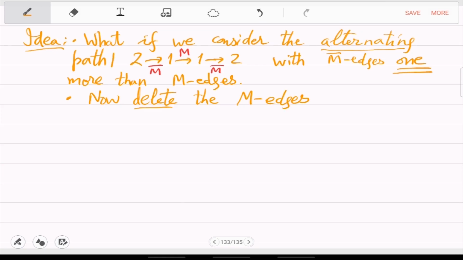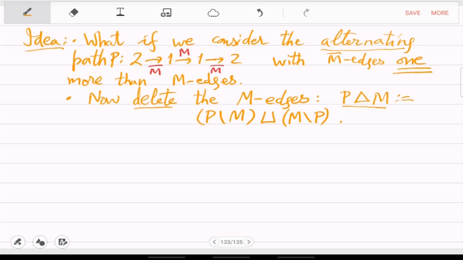So let's say the path was called P, then what you are doing is you are computing this P symmetric difference M, which is P minus M union M minus P. Okay, in this case it is just deleting the M edge.